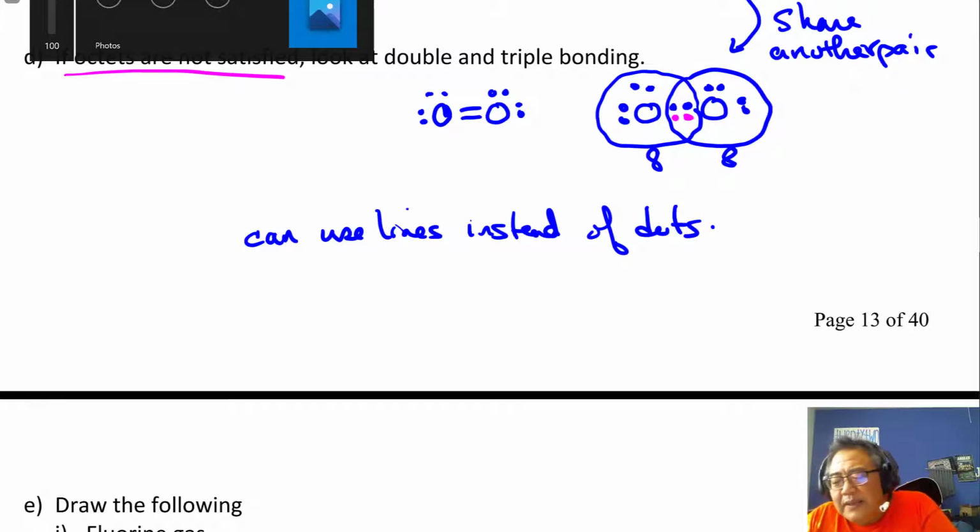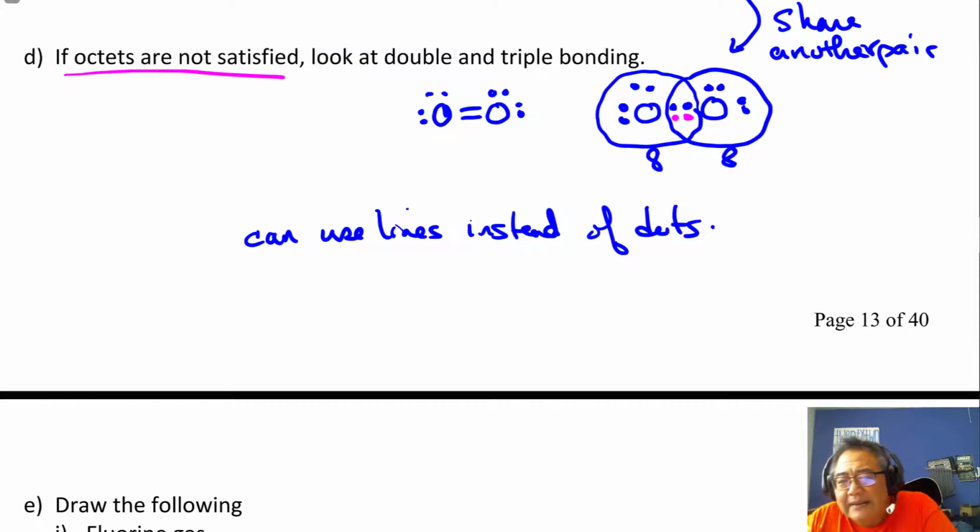I'll warn you, this is something that I do in my classes, and I don't know if anybody else really does it, but you can draw it like this. I think there's a lot of instructors that do this. You don't see it in the books. It turns out when Lewis did his drawings in the early 1900s, he used lines as well, but his lines went out.